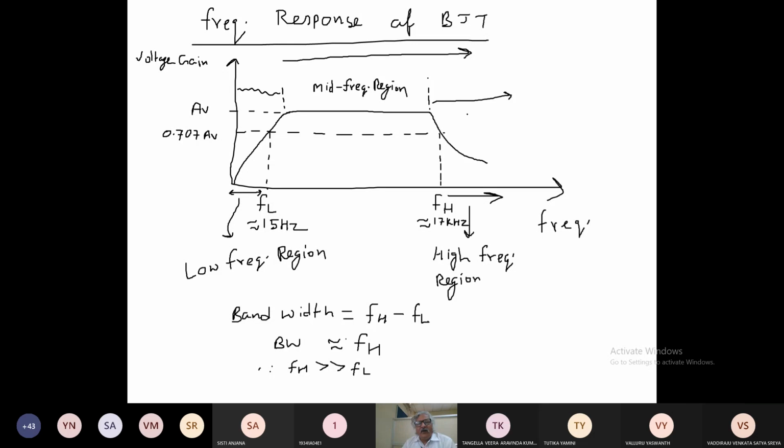So one thing you can conclude here: in the mid frequency and high frequency region, the coupling capacitors act as a short circuit, and they will not affect the voltage gain.